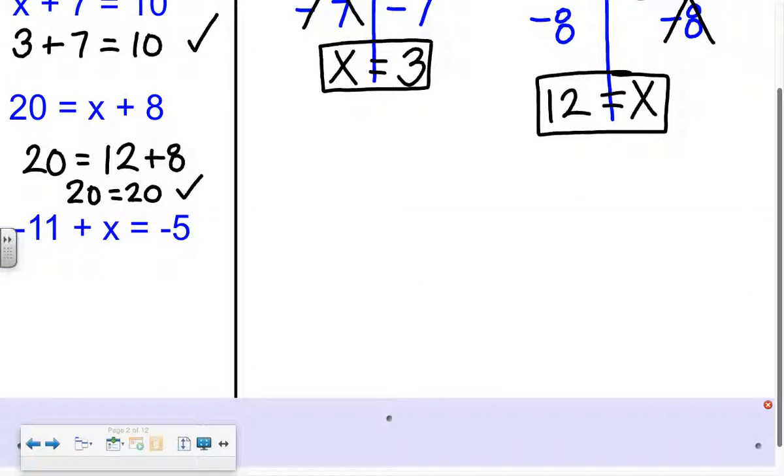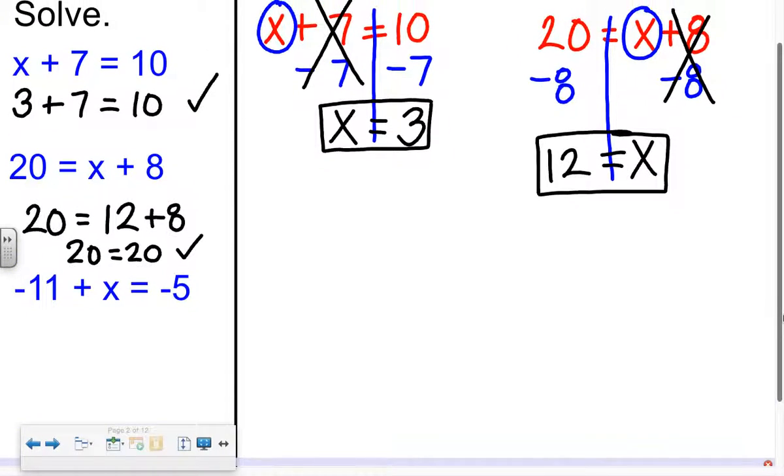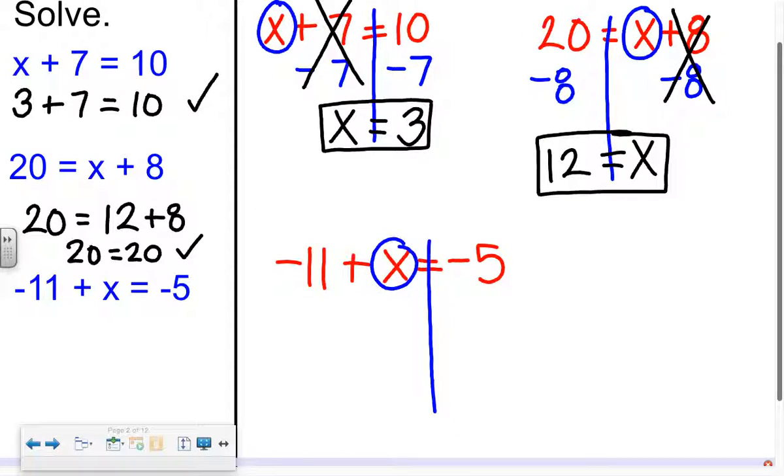This time I've got negative 11 plus x equals negative 5. So this one looks a little bit different than the last two. I'm still getting x alone, but I'm trying to get rid of a negative 11.